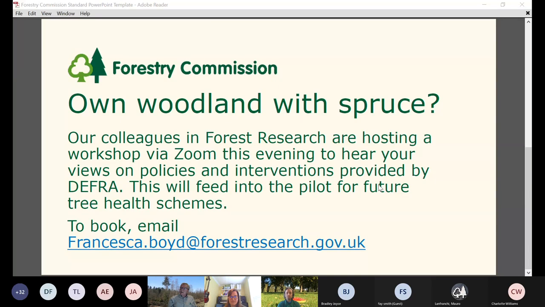And we've seen an increase in numbers at the border for both ourselves and other organisations in recent years, and the whole notion of pest management and the impact of pests and diseases on woodland is a hugely more important position within government thinking now than it was 10 years ago.